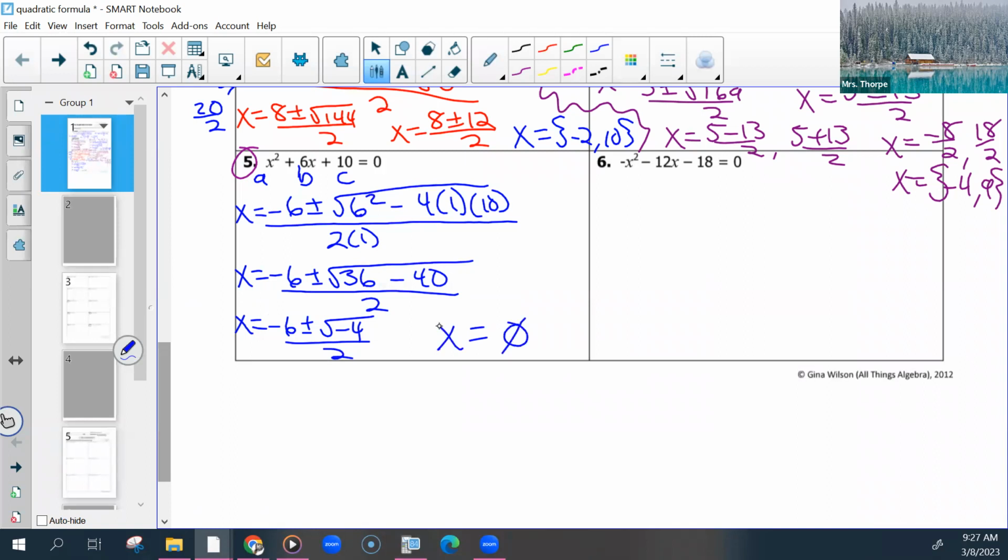If you get a negative underneath the square root, first double check your work because you could have gotten that by accident. You could have missed the negative or multiplied incorrectly. But if you get a true negative underneath the square root, once you get to this step, you're done. It's no solution. We can't solve it. You will be able to in algebra 2.